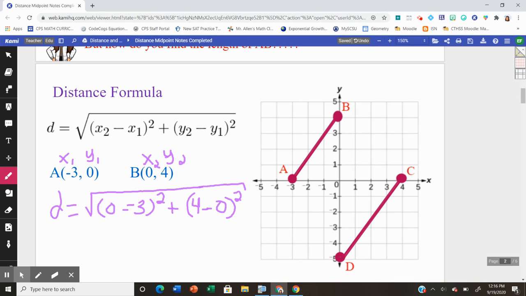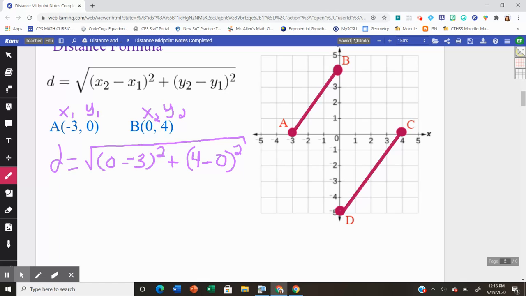All right, so let's go ahead. According to our order of operations, in order to simplify this, we're going to have to do what's inside the parentheses first. So 0 minus negative 3 is going to give me 3. And 4 minus 0 is 4.